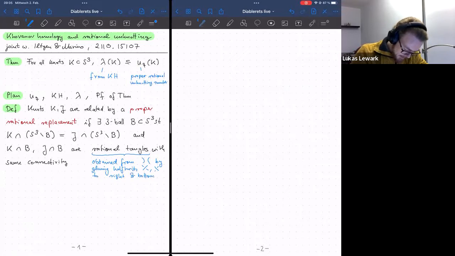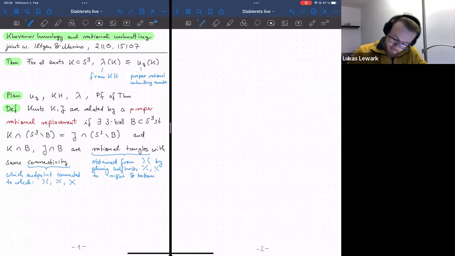And connectivity simply means which of the 4 tangle endpoints is connected to which. Since we are dealing with 4 endpoints here, there are 3 possibilities. Let me write it out: which endpoint is connected to which, and this could be like this, this, or this.